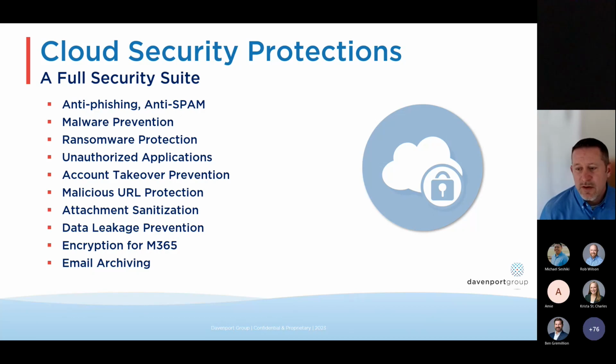It works with our Microsoft 365 encryption. Any of you that have done my security assessments, that's how I deliver my final report: I make sure that it goes through an encrypted channel, because I really don't want that information out there. So that tool had to work with that as well. And the tool we also came across works with email archiving. So for compliance reasons, instead of going to a third-party archiver, we were able to utilize one tool for this.